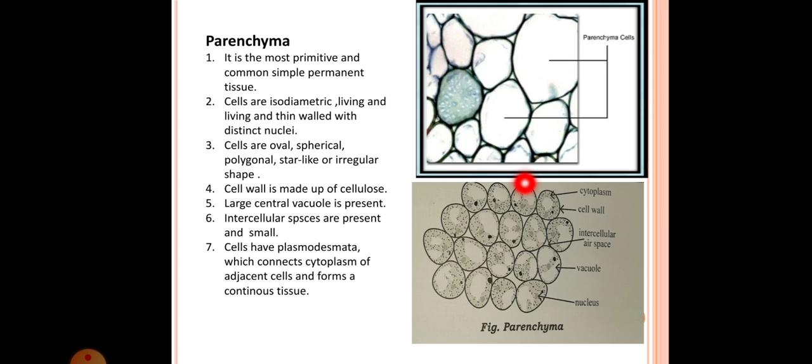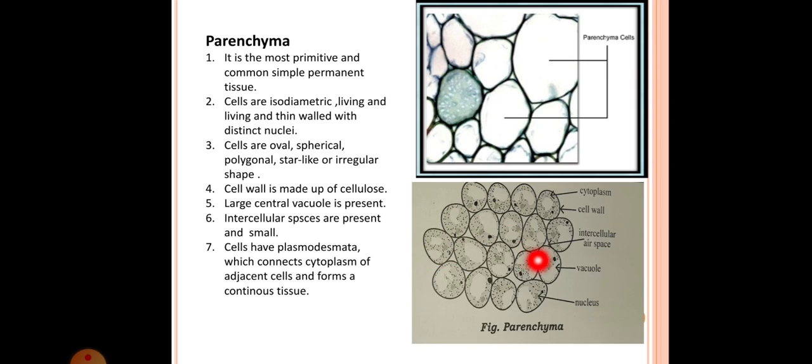Here you can see these are the cells, having distinct nuclei. Cells are oval, spherical, polygonal, star-like or irregular in shape. Here you can see the cells are roughly oval or spherical in shape.